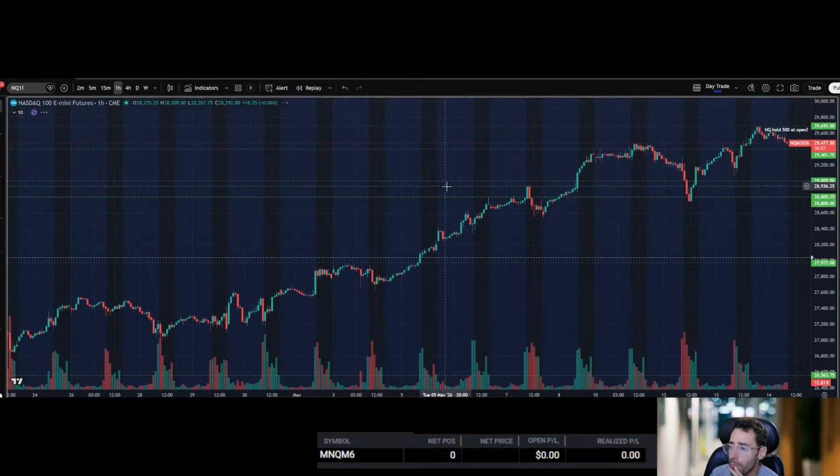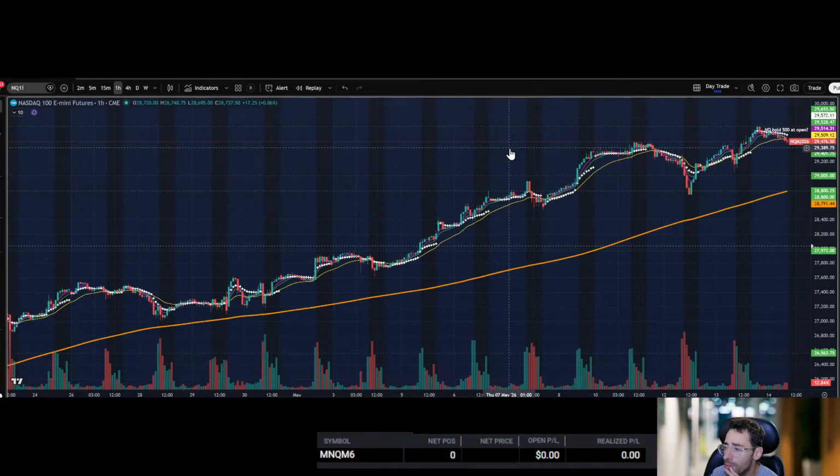Trying to figure out where this level is from.